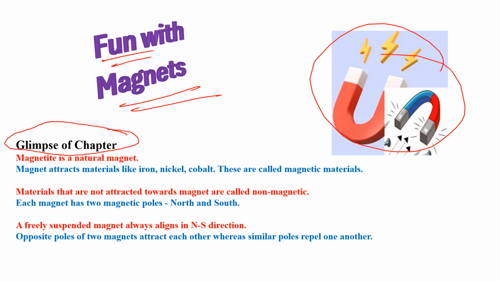A type of material known as magnetite is known as a natural magnet. Then materials that are not attracted towards a magnet are called non-magnets. If you put a wood piece close to this magnet, it will not be attracted. These properties we will learn in this chapter.